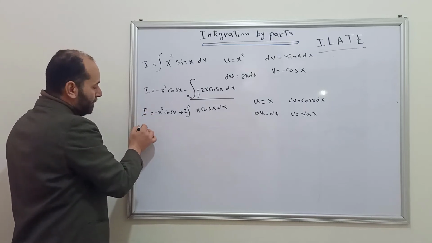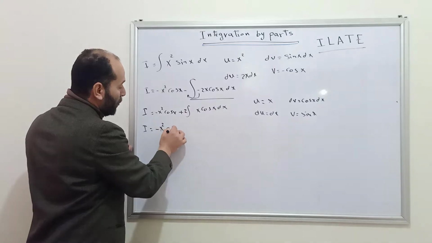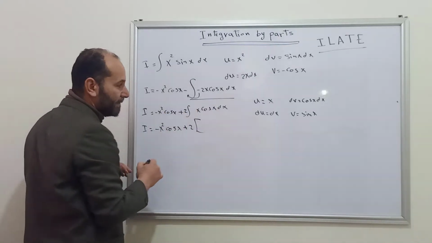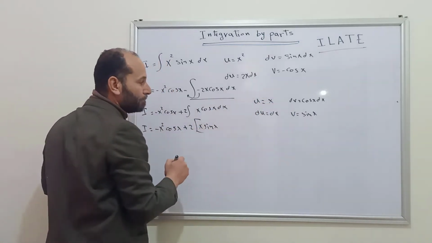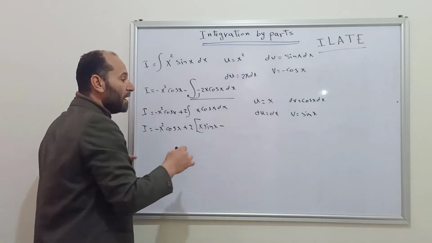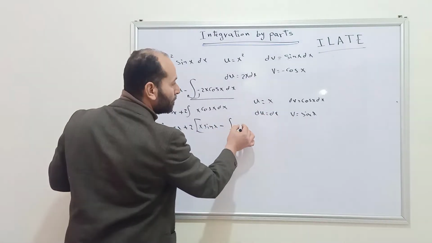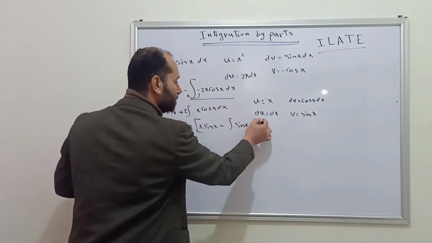So this integral equals negative x squared cosine x plus 2 times brackets uv, x sine x, minus integration v du, sine x dx.